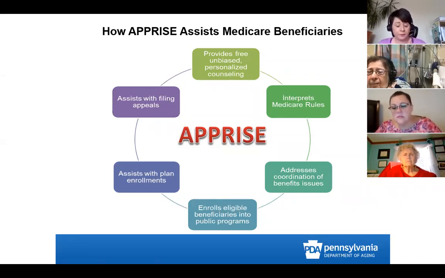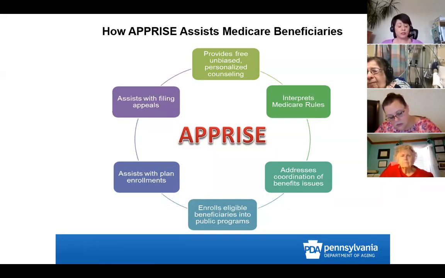What we do is provide free, unbiased, personalized counseling by trained counselors on original Medicare. We can counsel on Medicare supplements, which are also known as Medigap policies. We can help people with Medicare Advantage plans, and of course, Part D prescription drug plans, just to name a few.